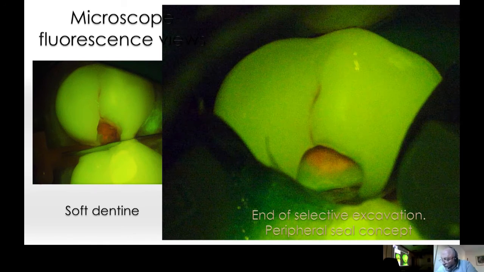That can be done with a fluorescence microscope or fluorescence camera. You can see that at the edge of the cavity, we can specifically excavate the infected tissue, and then thanks to the peripheral seal concept, perfectly preserve the pulpal wall and make the rebuilding step and restorative step in very nice condition.